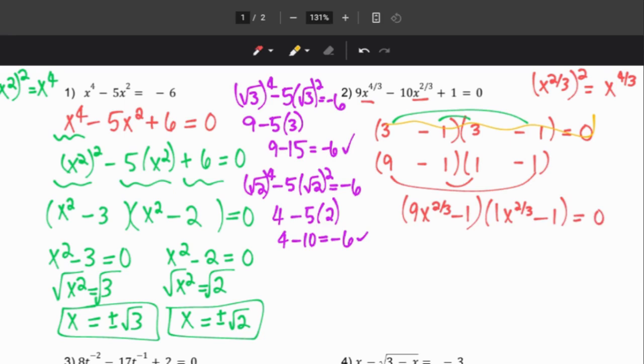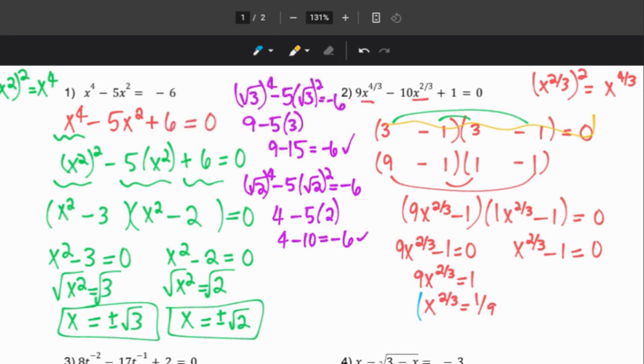All right, so now I just need to solve, and that means I'm going to use my zero product property. So either 9x to the 2/3 minus 1 equals 0, or x to the 2/3 minus 1 equals 0. And if I add 1 to both sides, I get 9x to the 2/3 is equal to 1. If I divide by 9, I get 1/9. All right, so how do I undo a 2/3 power?